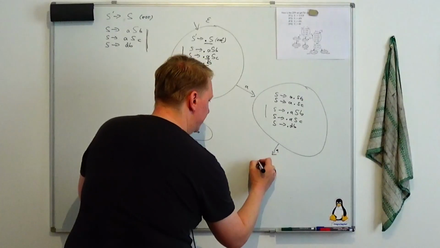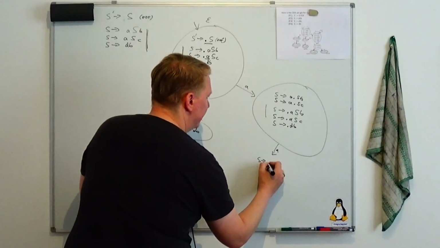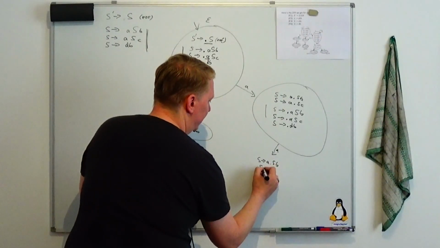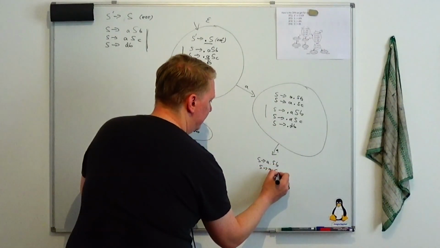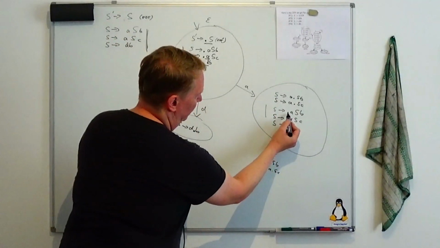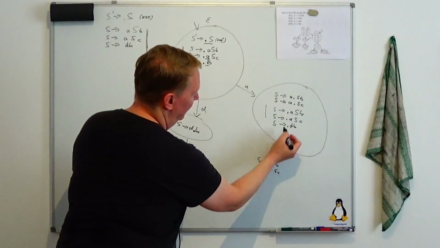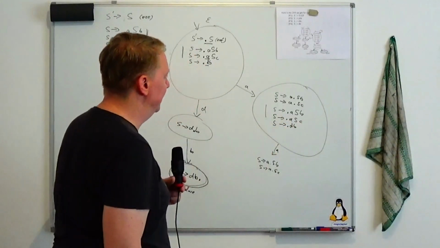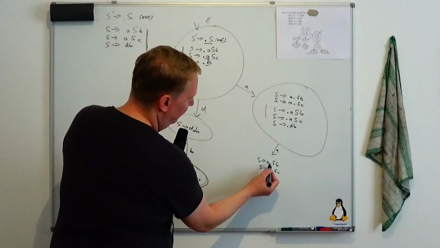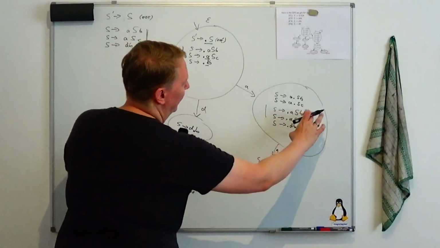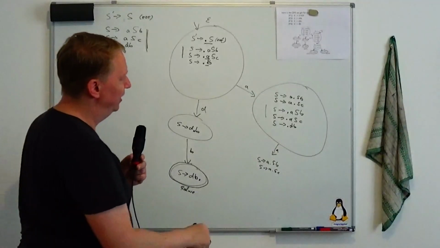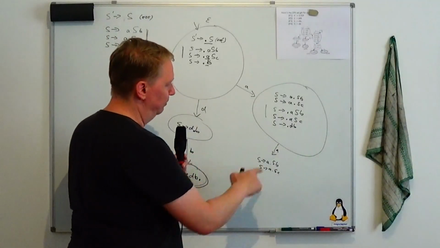Okay, so now again we get S goes to A point as B, S goes to A point as C. You know, the point was in front of an A, we walk over an A, now the point has moved behind the A. But if you look at this, we again have the point in front of an S. We add the same three production rules, point A as B, point A as C, and point DB.